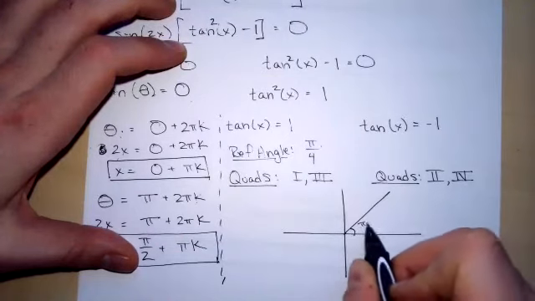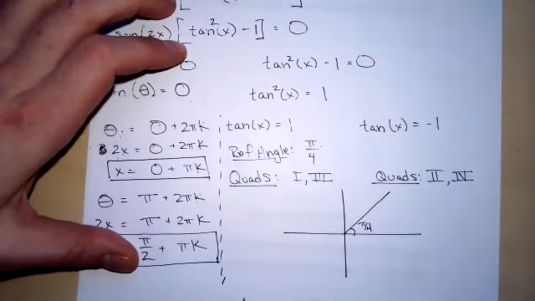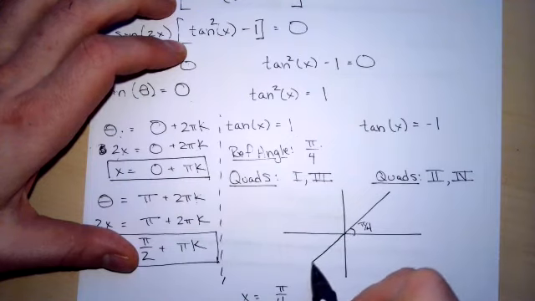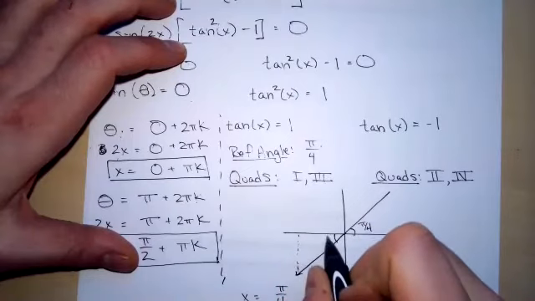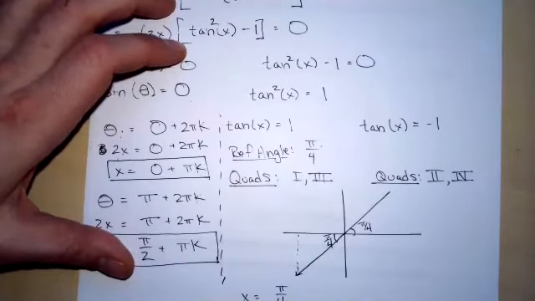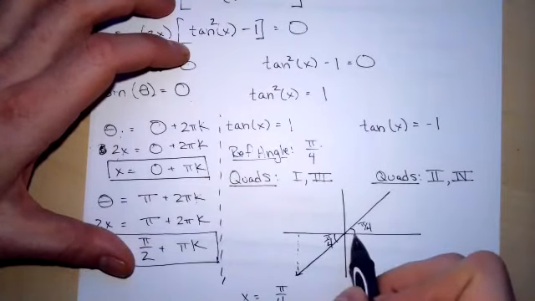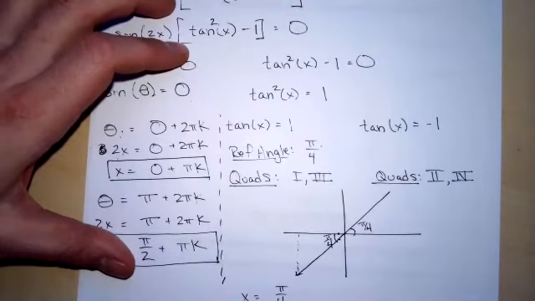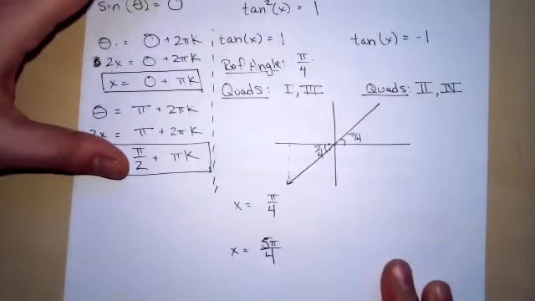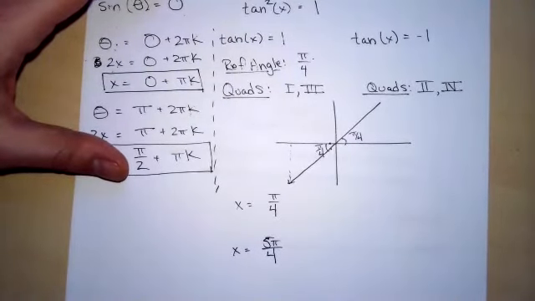First one, pretty easy, just pi over 4. And then in quadrant 3, if this reference angle is pi over 4, what is the actual angle measure? We go 4 pi over 4 plus 1 more, so 5 pi over 4. That's where tangent is positive, quadrants 1 and 3.